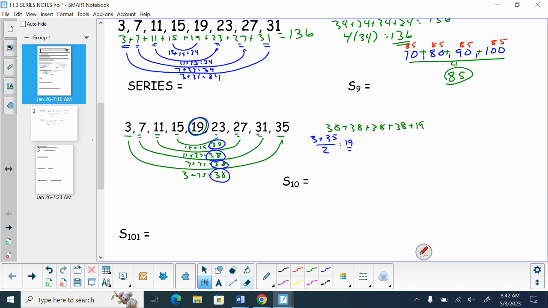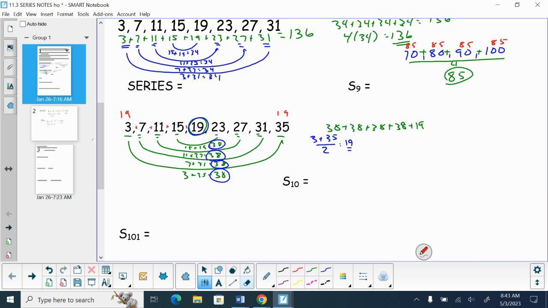So when I take these two numbers, add them together, and divide by 2, I get 19. That's the average of the first and my last numbers. So what I'm able to do with that is say, rather than the first number be 3 and the last number be 35, the first is 19, the last is 19. Same thing, because all I'm doing, once again, is adding these up.